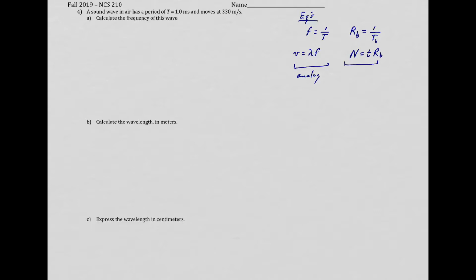The corresponding equation for our analog signal is that the distance is equal to the velocity times the time. So the distance that a traveling wave goes, and this is the number of bits. Again, we have a rate times a time. I could write this as R_B times T. So those are the equations that we've used.